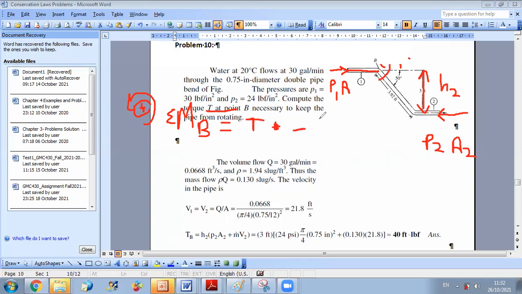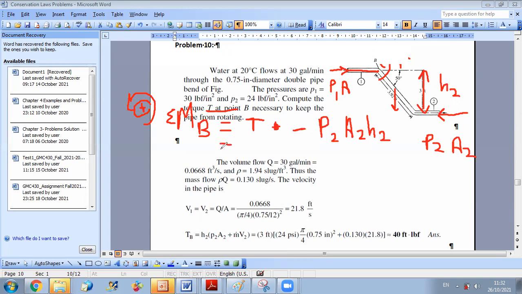So it's minus P2 A2 times H2. Of course you have the weight, but since they didn't give you the weight, you can consider it as negligible. Okay, so this is for the moment balance.